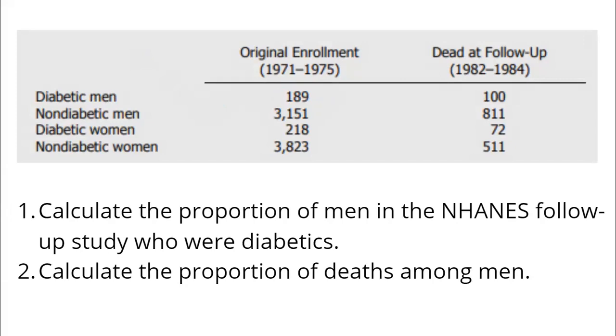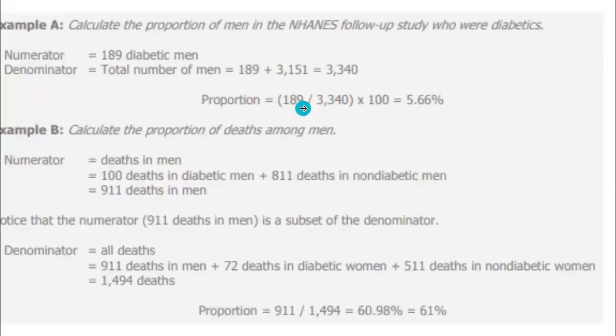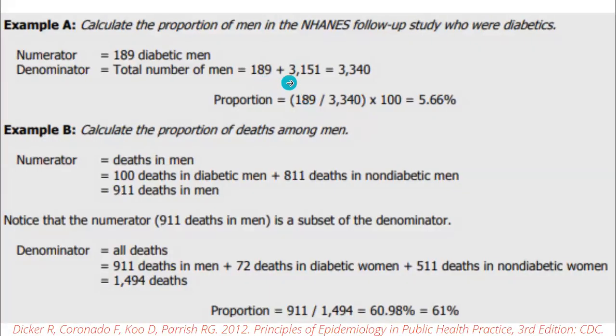Now, for us to get the total number of men originally enrolled in the study, we need to add up the number of diabetic men with that of the non-diabetic men, giving us a sum of 189 plus 3,151, which is 3,340.